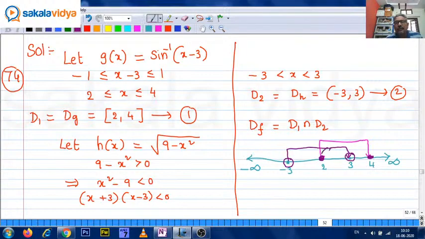So this is the shaded part we need to consider, that means here to here. Therefore domain of f is equal to closed 2 comma 3 open. This is the answer. Wonderful.